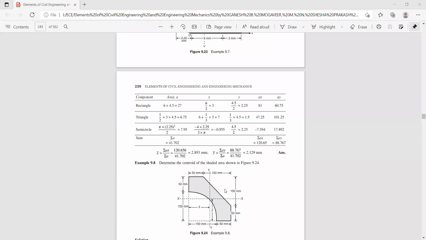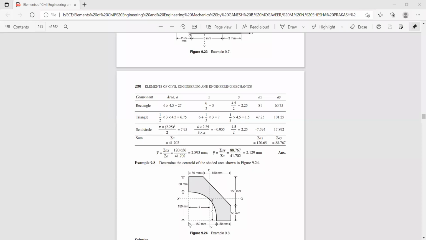Now first, let us consider the entire rectangle. So A1 is 150 plus 50, that is 200 millimeters.